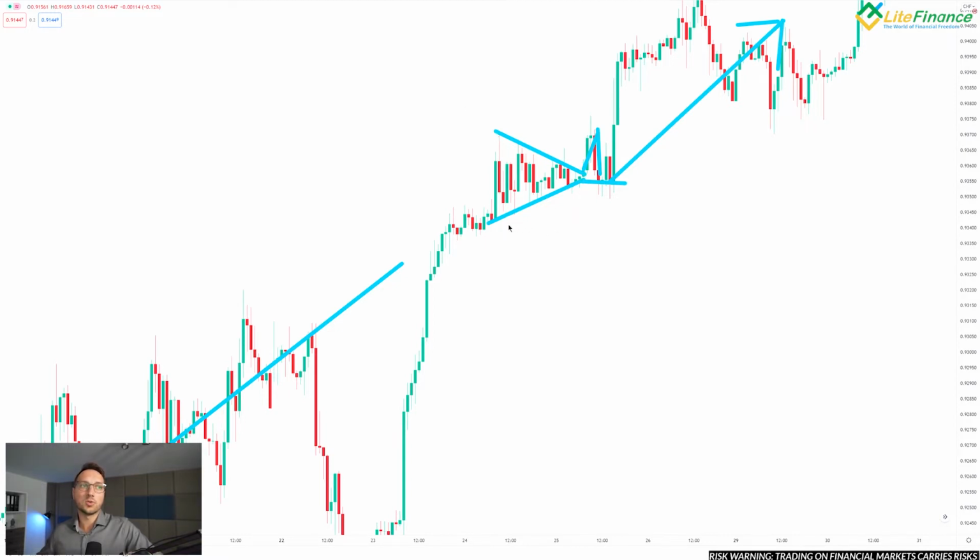The stop loss should be below the whole formation, and the take profit depends on the market situation, but it should be at minimum the range of the whole formation. Or if you have a situation like here, where there is a very strong movement, the range of the price was very high and the continuation pattern was very small, then you could set take profit at 2 or even 3R. So the risk reward ratio is better in this kind of scenario.